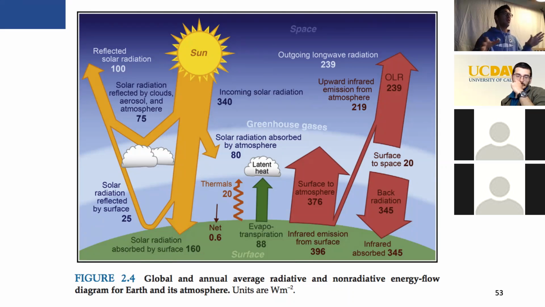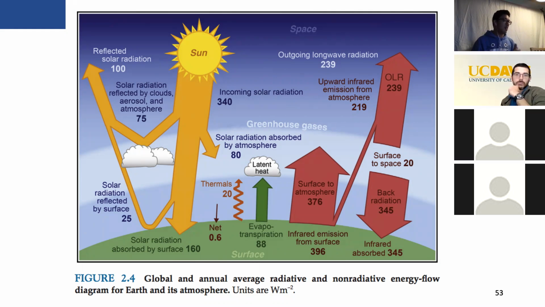So it's 340 watts per meter squared. If you were to draw sort of a 1 meter by 1 meter square right at the top of the atmosphere, you're going to get about 340 watts coming through that at the very top of our atmosphere. And as it comes through, some of it gets reflected by clouds and the atmosphere, and then some of it gets absorbed by the atmosphere.